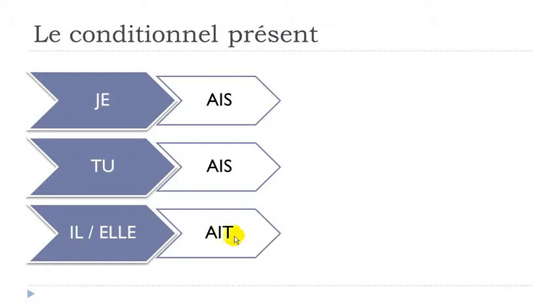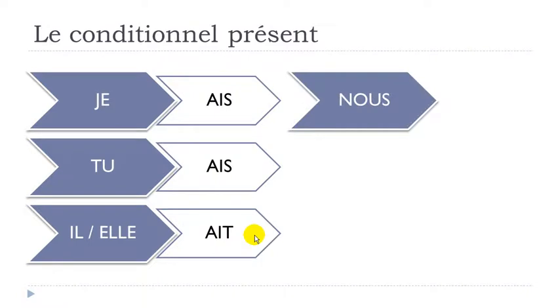The good news is that even if we write them differently, like you see here, we pronounce them the same way. And it goes like eh. Alright? So as usual in French, what you pronounce, well, it's not that difficult in a way, but then remember how to write them. AIS for je, AIS for tu, AIT for il, elle.